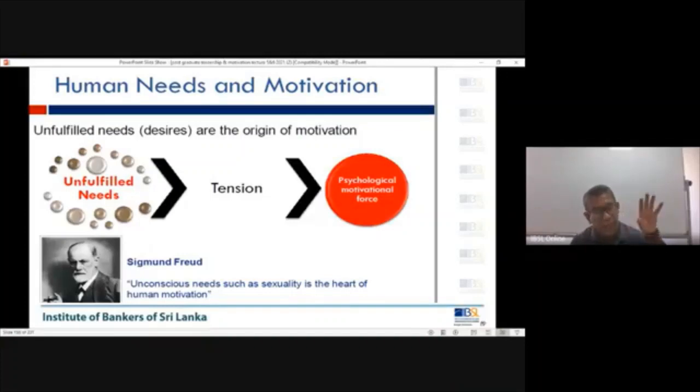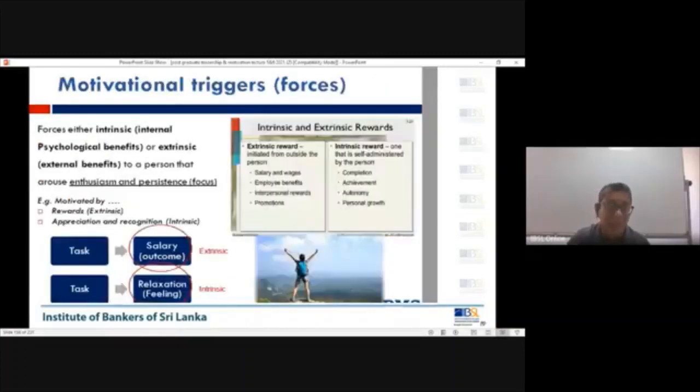So you must identify the unfulfilled needs; tension is created, and the tension will drive a psychological motivational force. When you're hungry, you create a tension within your body and you try to fulfill your unfulfilled need. That is why it is a psychological aspect. Actually, unfulfilled needs or desires are the origin of motivation.